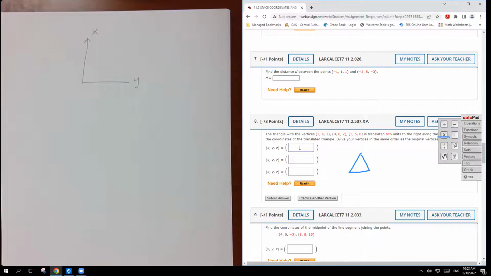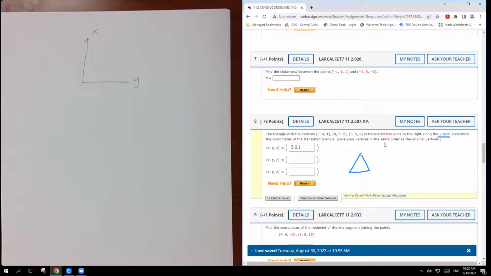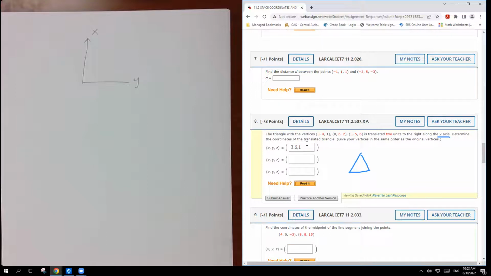I'm going to say 3 for the first point, and 6, and 1. So here's the first point, because the change is going to be only on the y coordinate. And be careful, they're telling you to the right. If they told you to the left, you're going to minus 2, because you have to shift it to the opposite side.